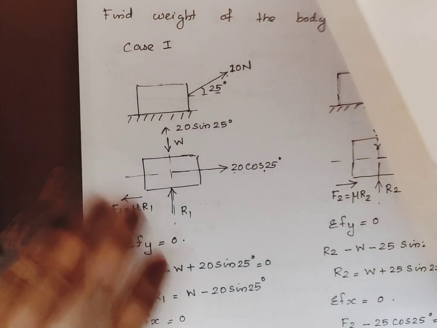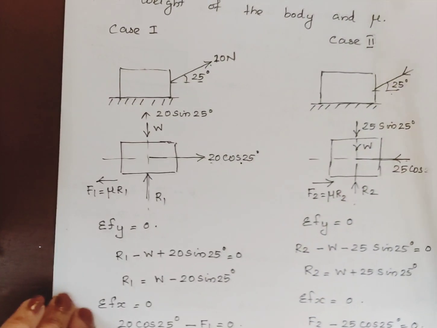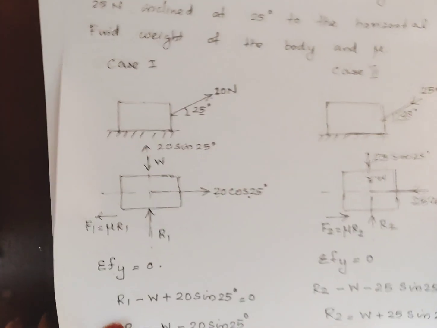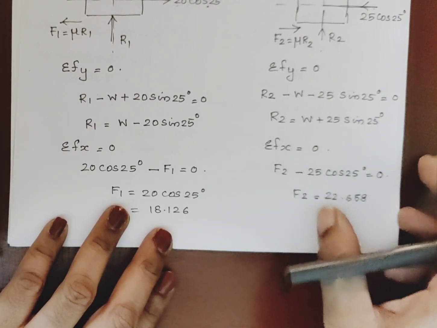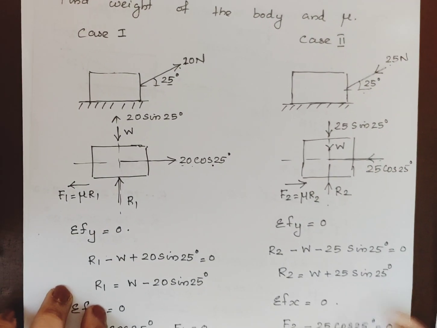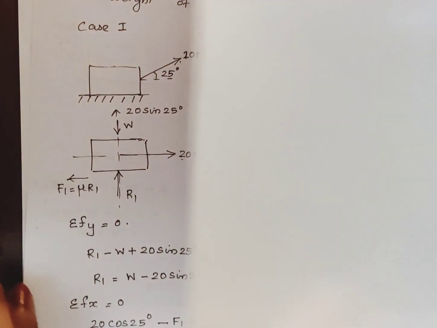So R2 you have to simplify from this equation. R2 is equal to W plus 25 sine 25 degree. So 25 sine 25 degree, that is 10.57. So W plus 10.57.